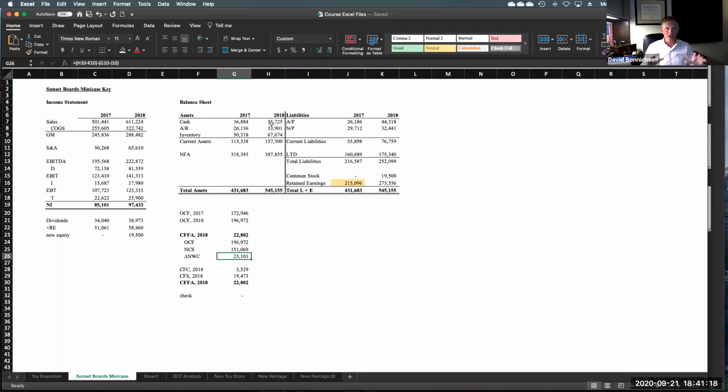So the money that was required to run our business on a day-to-day basis, the change in net working capital, increased year over year. And when we take operating cash flow minus net cap spend, minus the change in net working capital, our assets delivered a positive $22,802 to the business, okay? Which is obviously a good thing.